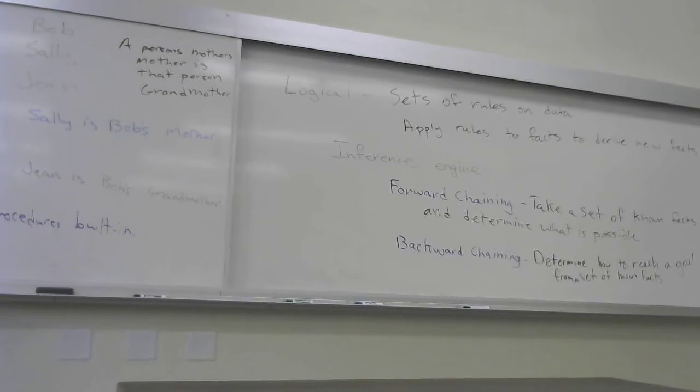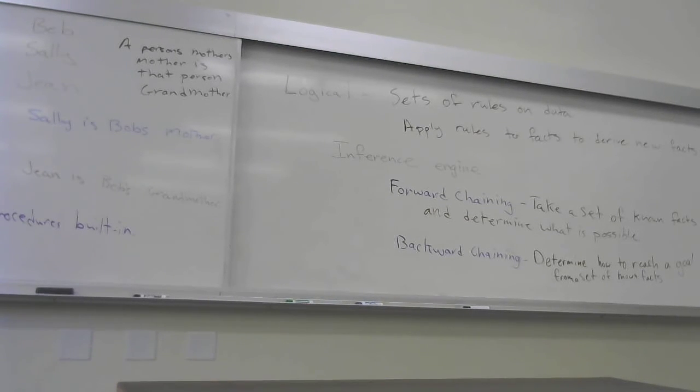But based upon the facts that we do have, if there are only 3 people, and we know that Sally is Bob's mother, and we want Jean to be Bob's grandmother, what must be true? Jean must be Sally's mother, right? This is an example of backward chaining.